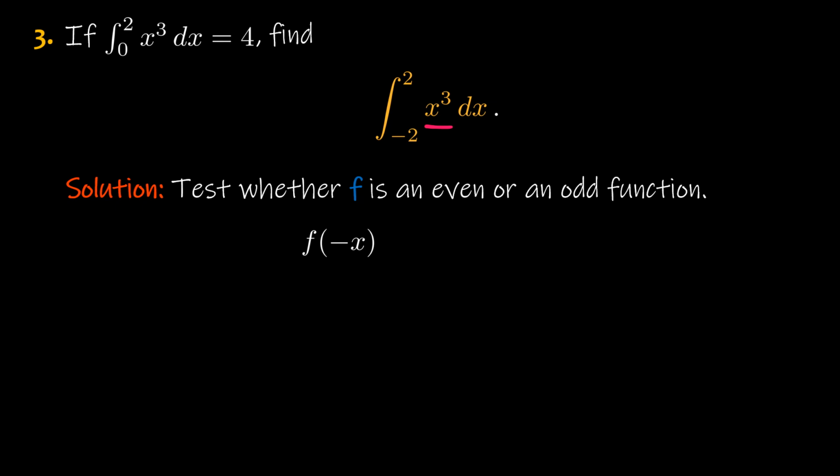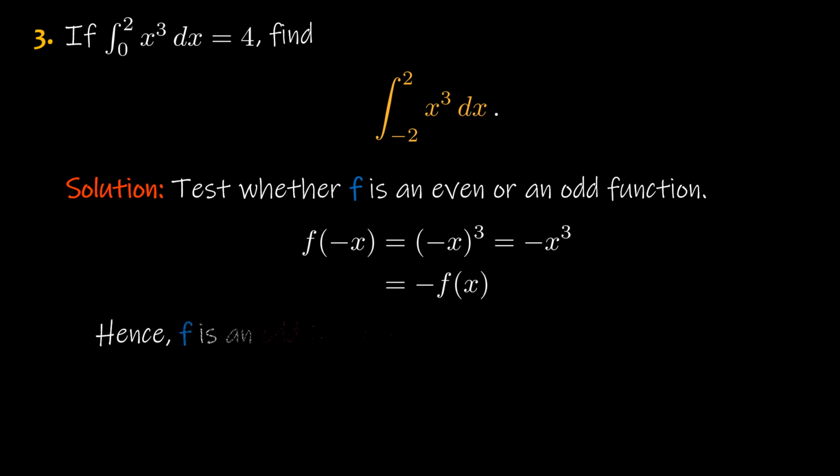Substitute -x into the given function. f of -x is equal to the negative of f of x. Hence, f is an odd function.